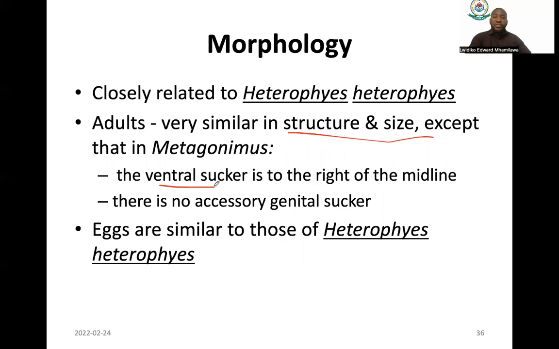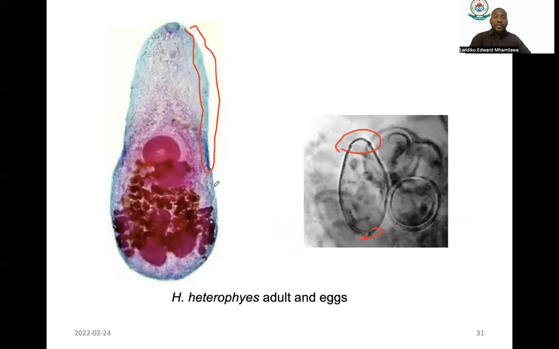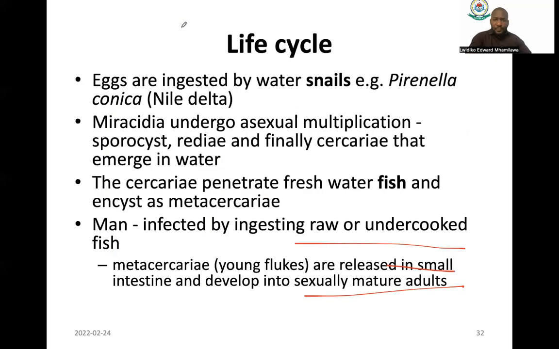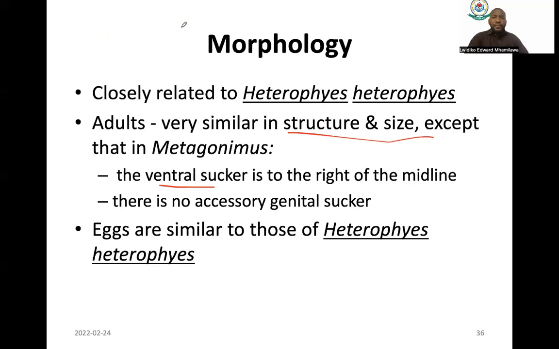And there is no accessory genital sucker. So if you look at this picture, the ventral sucker, this one, is to the right of the midline. So usually it's on this side here. They don't have an accessory genital sucker. And eggs are similar to those of Heterophyes.